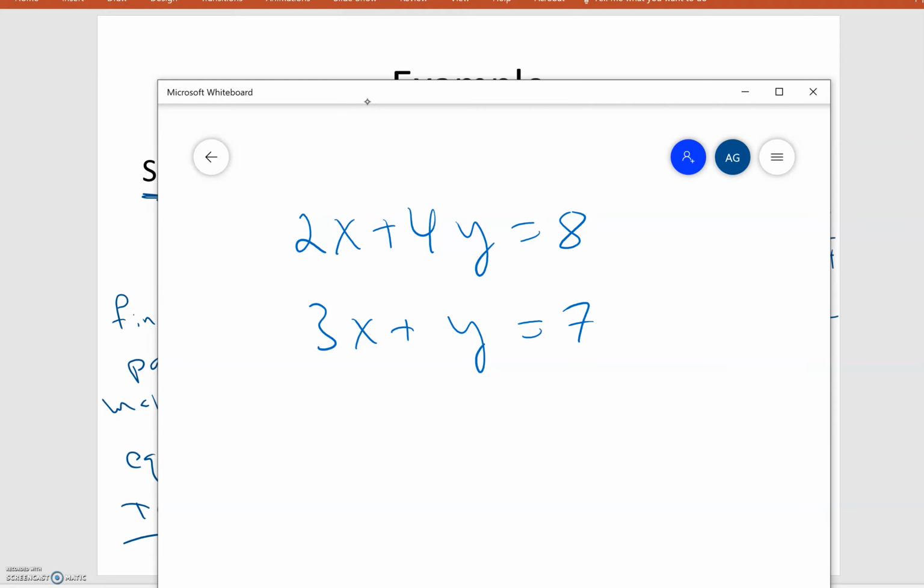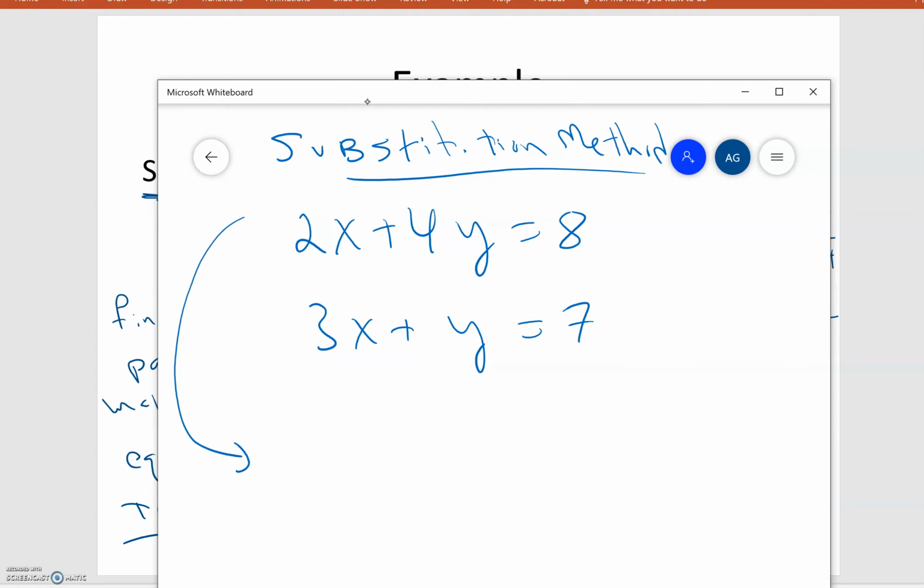I'm going to call this the substitution method. The substitution method basically is that we solve, let's call this equation 1 and this equation 2, and we can do this in either order. Whatever order I do, I could also do it in the other order, that's all I'm saying. But here's the method.